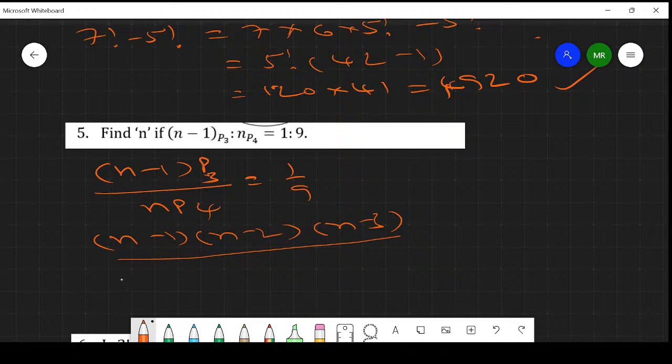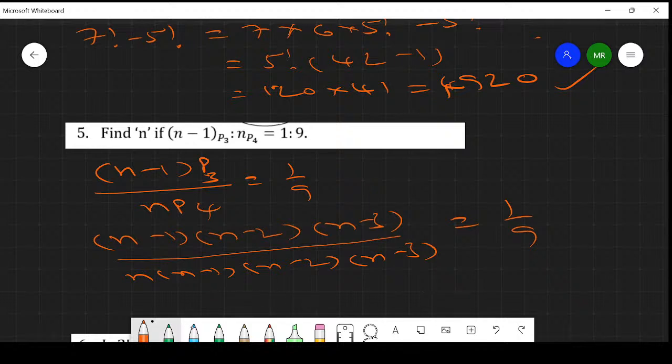And nP4 means n into n minus 1, n minus 2, n minus 3, consecutive 4 factors, which is equal to 1 by 9.